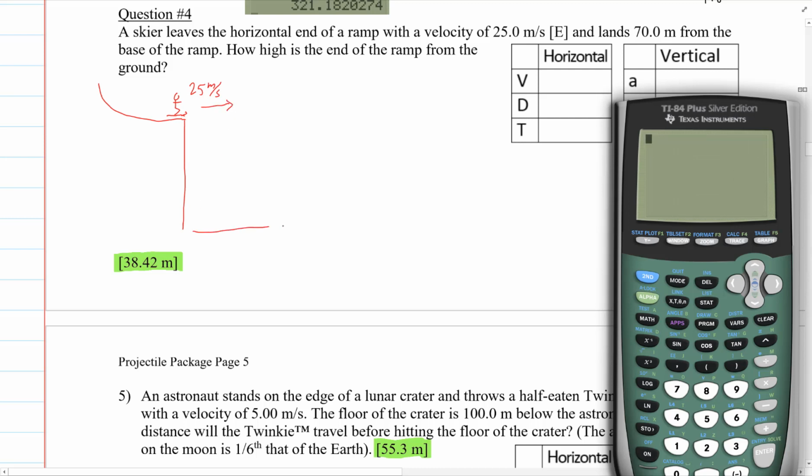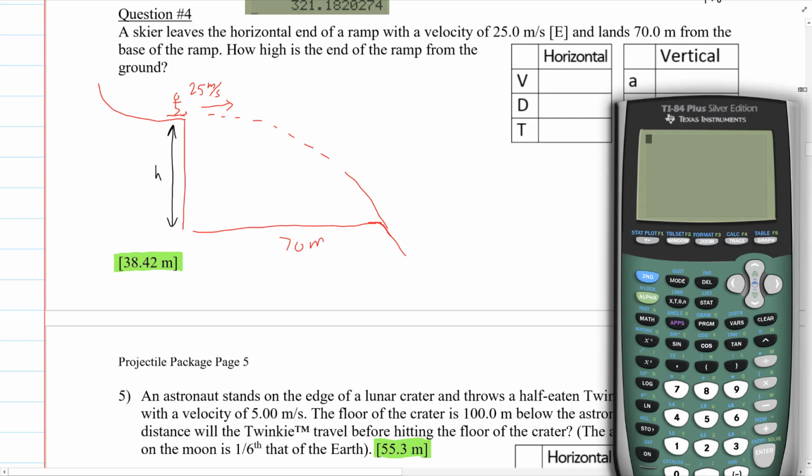And he lands 70 meters away. Okay, hopefully it's going downhill at this time and he's not going to hurt himself. But let's see how that works. How high is that ramp? So we're asked, what is that height?